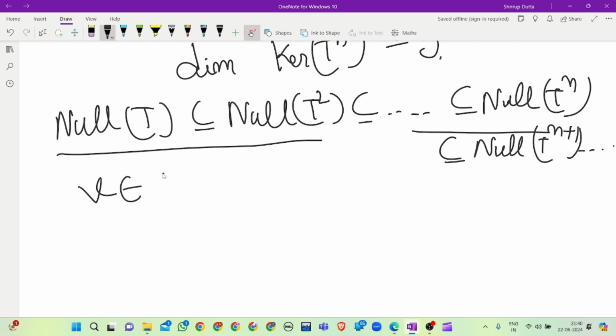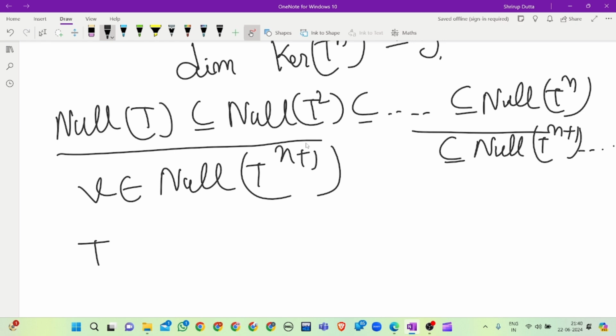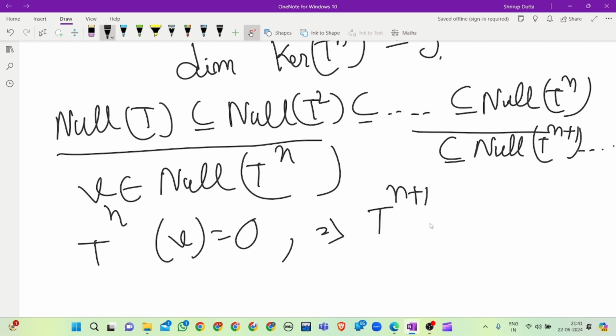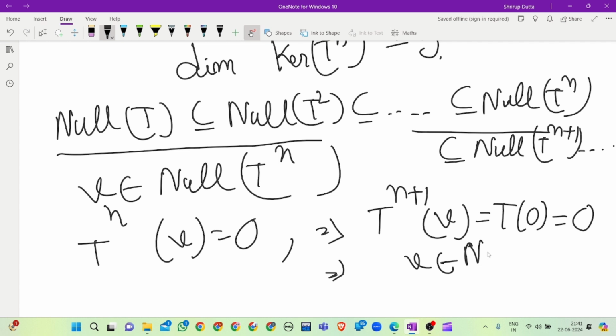If V belongs to the null space of T to the power n, then T to the power n of V is 0. If we apply T on both sides, we get T to the power n plus 1 of V is T of 0. Since this is a linear transformation, T of 0 is 0. This implies V belongs to the null space of T to the power n plus 1. So this subspace inclusion will continue.